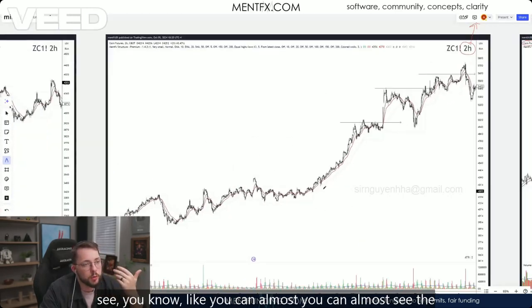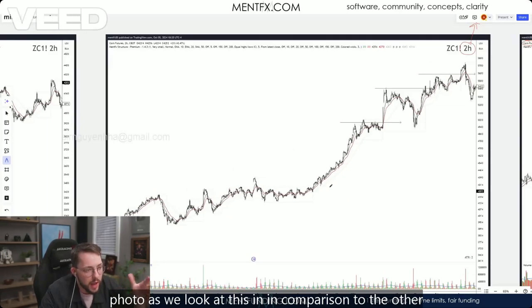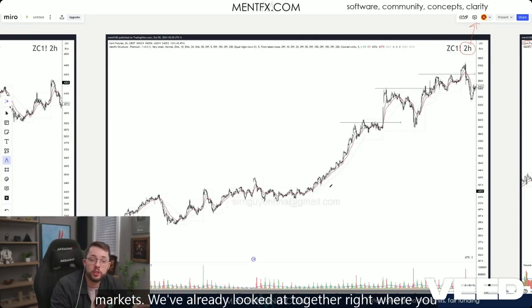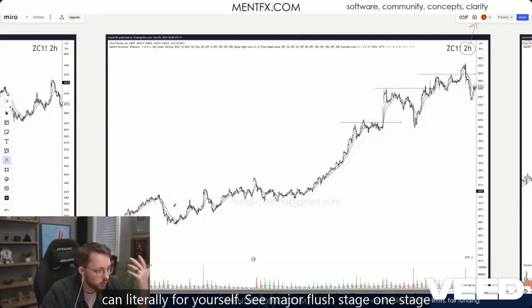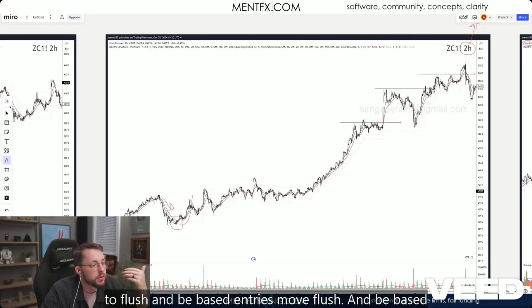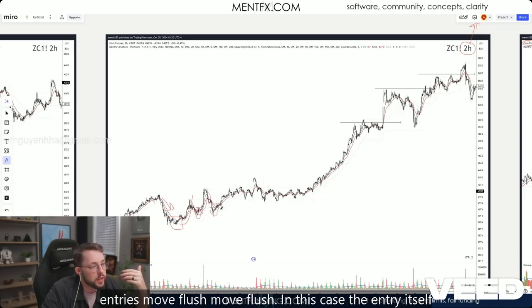You can almost see the photo as we look at this in comparison to the other markets we've already looked at together, where you can literally see for yourself major flush, stage 1, stage 2, flush, MB-based entries, move, flush, MB-based entries, move, flush, move, flush. In this case, the entry itself would hold.